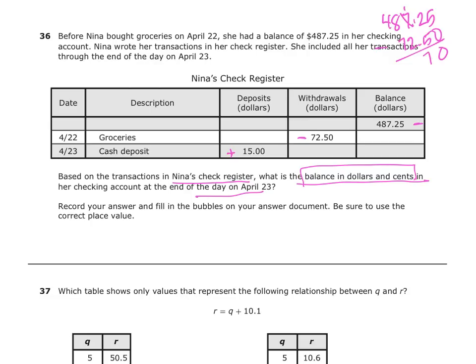487.25 minus 72.50. So 414.70, if I did my math right. If I didn't, sorry, I'm doing it quick. Then I'm going to add $15 to it. Why am I adding it?